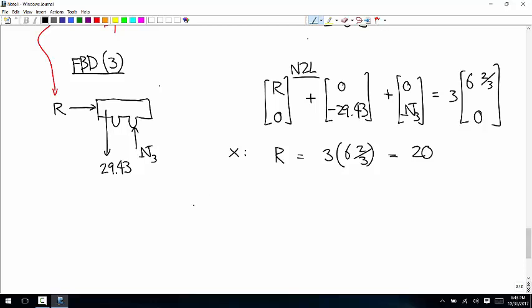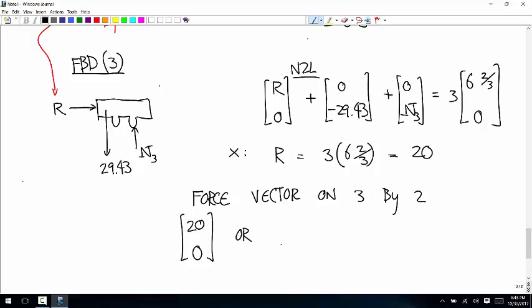Okay, so the force vector on the 3 by the 2 is 20 newtons pointing in the positive x direction. So in components, you could think of that as 20, 0. Or you can say it's in this direction with a magnitude of 20 newtons.